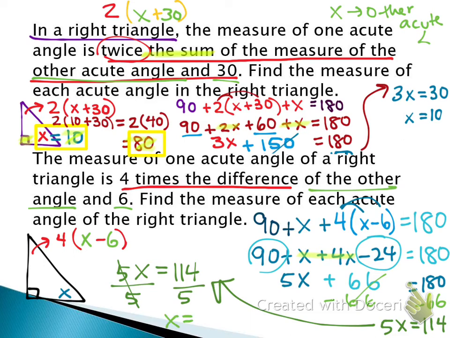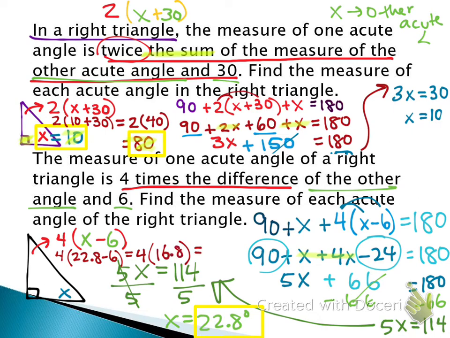22 point what? 0.8. So remember, x was one of our angles, so we just found one of them. Can find the other by plugging in 4 times 22.8 minus 6. So find the difference first. What is the difference between 22.8 and then minus 6? 16.8.